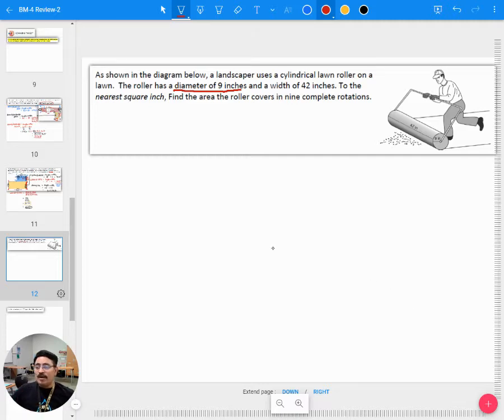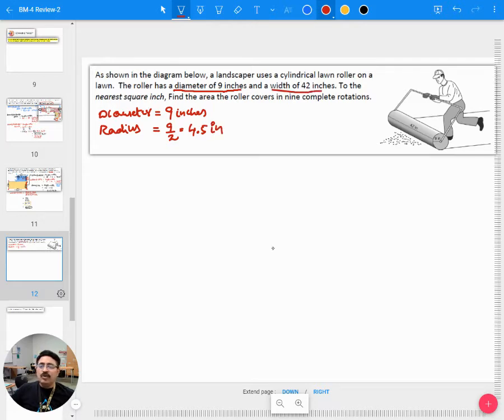So before continuing reading the question, let me write the details. Diameter is given as 9 inches. Therefore, radius equals half of the diameter, which is 9 over 2, or 4.5 inches.